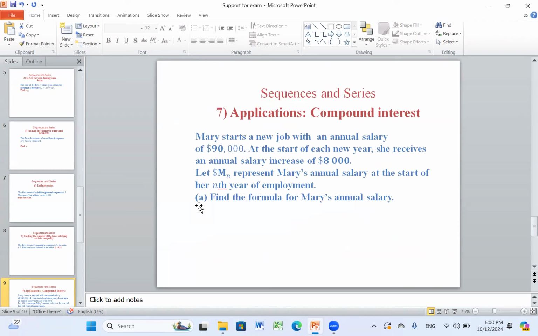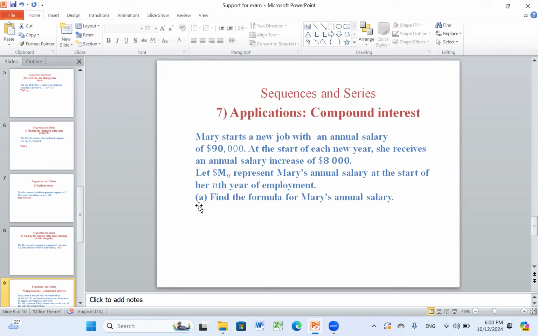Usually in exams, we have applications. If you remember, we have talked about simple interest and compound interest for economical applications of sequences and series. And here I selected 2 exam-style questions, which you can have in the exam. The first question is, Mary starts a new job with an annual salary of $90,000.